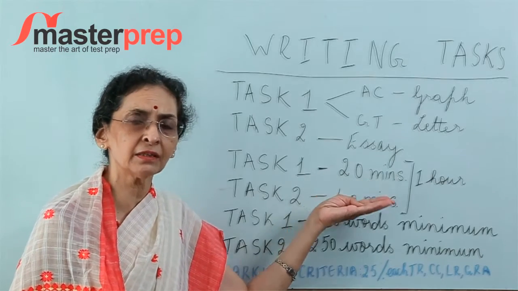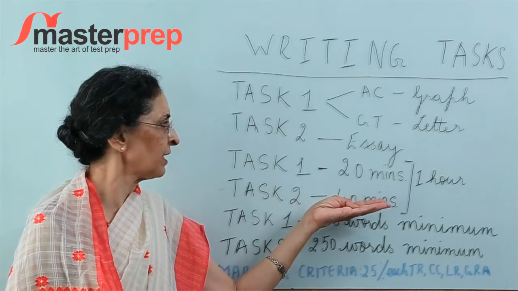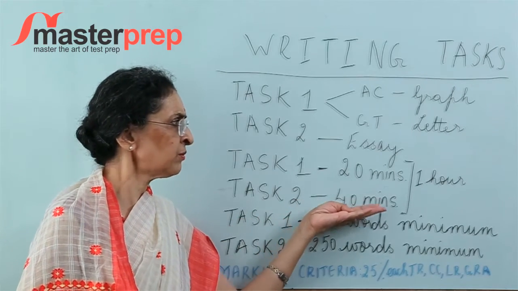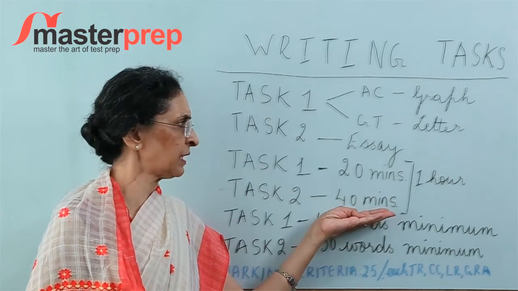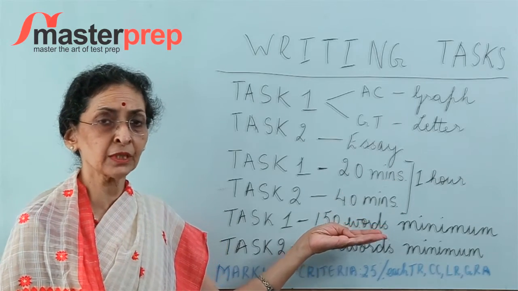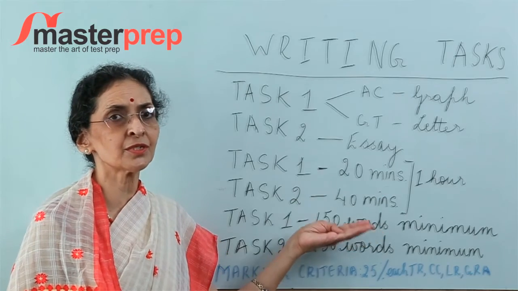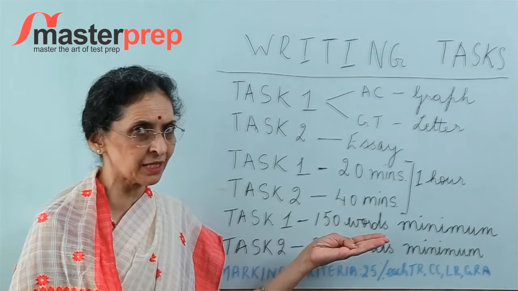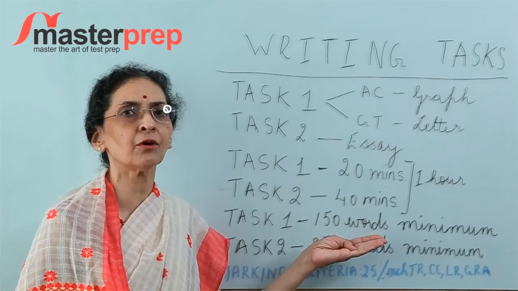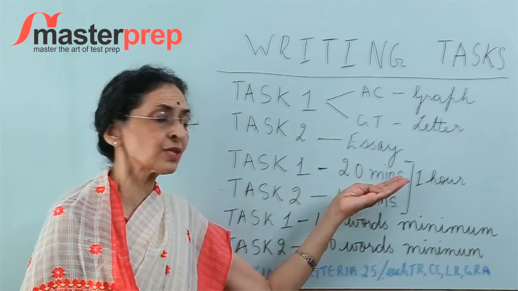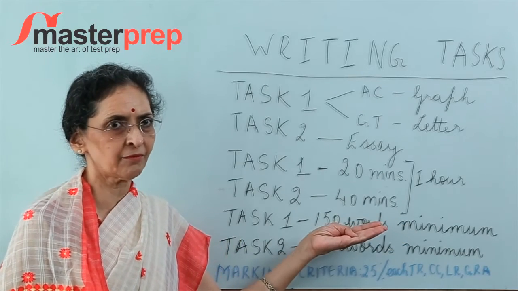That's given in the question paper itself. And task 2, which is a little longer, requires you to spend about 40 minutes on the task. Do remember that this includes reading their questions, writing your answers, revising. So you've got to practice a lot to be able to write well within those 60 minutes that you have.